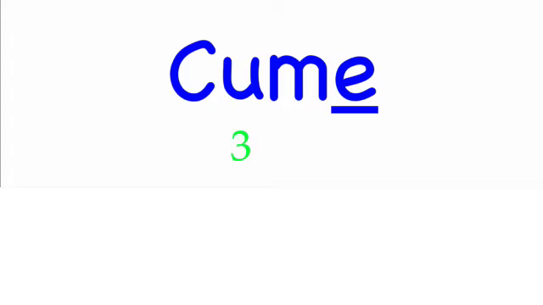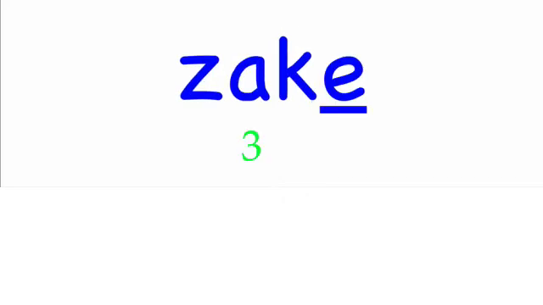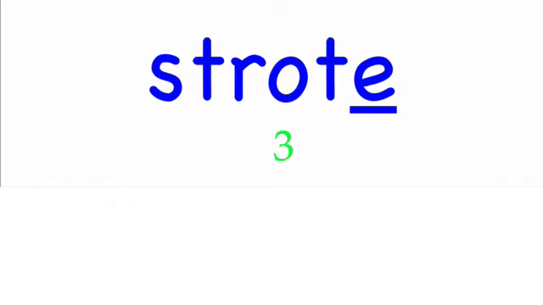The next word in this sentence we're going to spell is zake, which has three sounds, Z, A, K, zake. Cume, who is the zake, is on the strote, and this has five sounds, S, T, R, O, T, strote, loam.